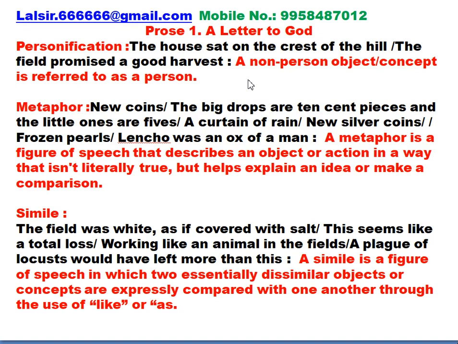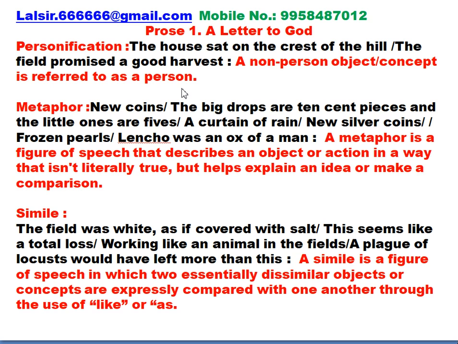Let's understand what personification is. A known person, object or concept is referred to as a person, and then we call it personification. So we can very well say that this sentence, the house sat on the crest of the hill, is a very good example of personification.